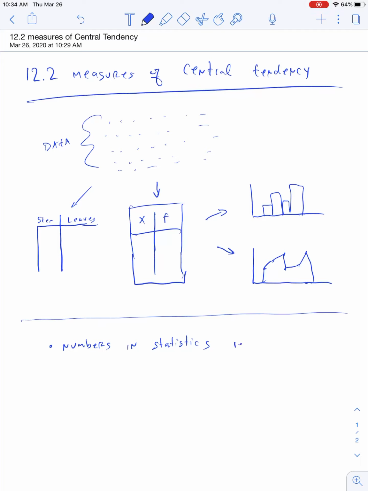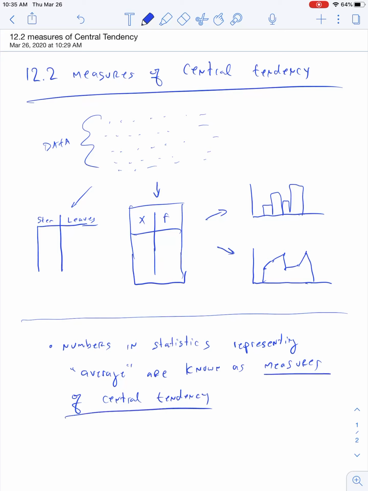Numbers in statistics representing sometimes what we call the average are known as the measures of central tendency, which is what this section is about.